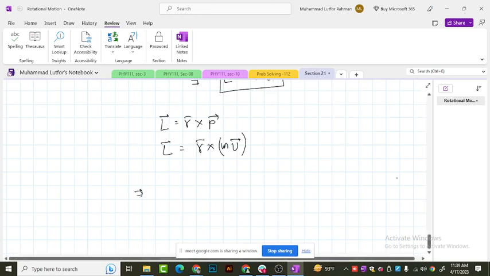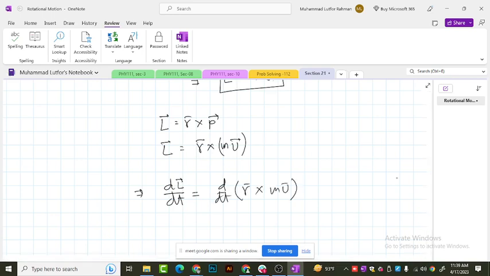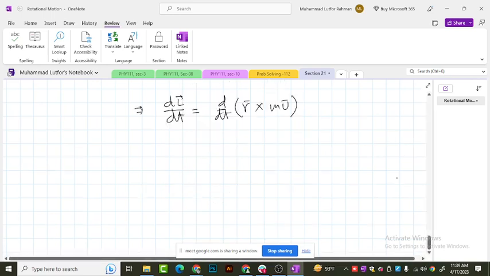Now let's say I take the derivative of this angular momentum, dL over dt. I will use that operator d over dt, right? It's a mathematical entity actually. You can write m v. Since I'm taking the derivative of this term with respect to t, I have to use the uv formula.